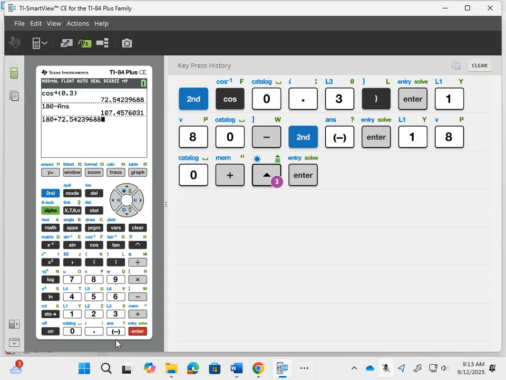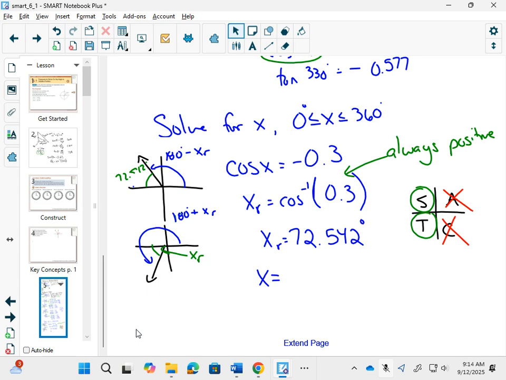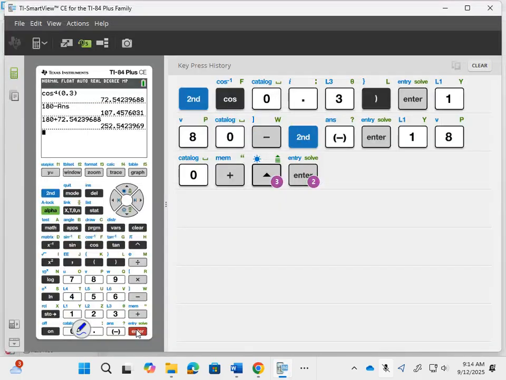All of these things are going to be super important for saving you time. So, 107.458. And the second one was 252.542.